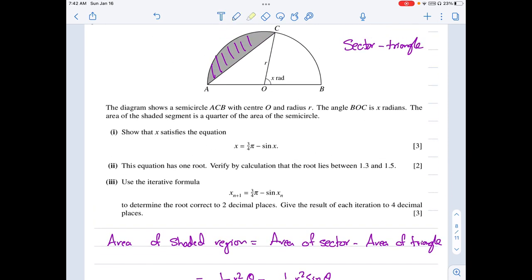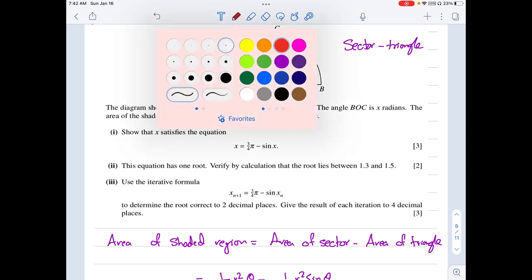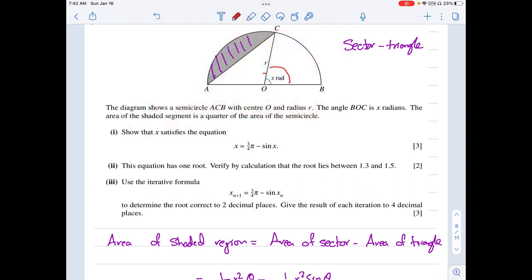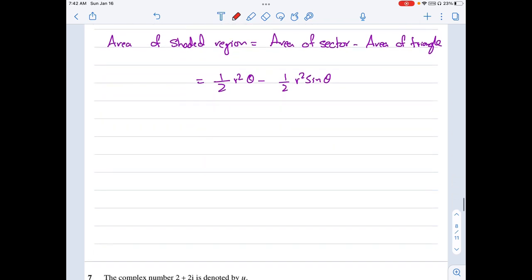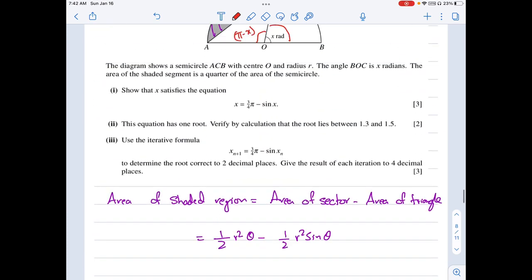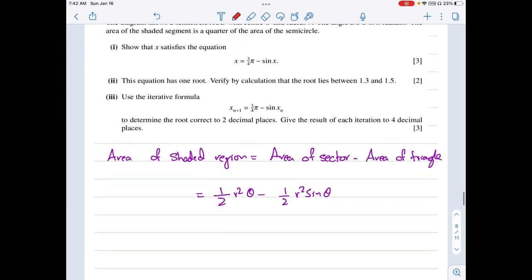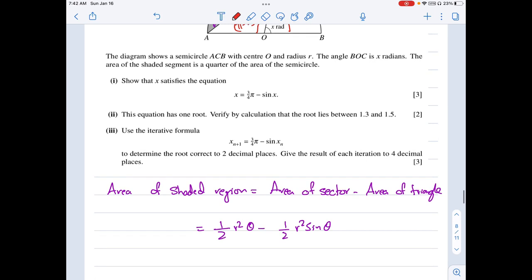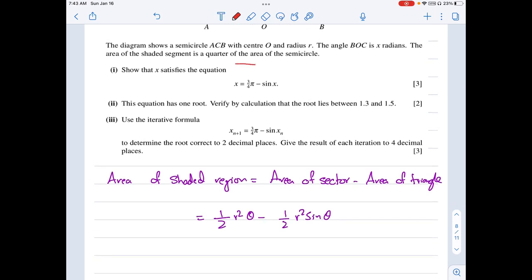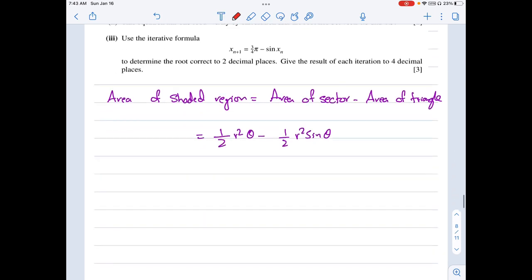So we know that this particular angle is x, so this has to be pi minus x. It has to be pi minus x because angle in a straight line is 180 degrees. And that is the area of the shaded region, equal to quarter the area of the semicircle. So first of all, we'll simplify this one.